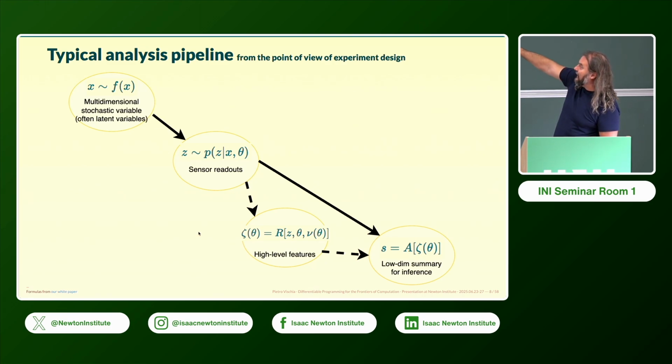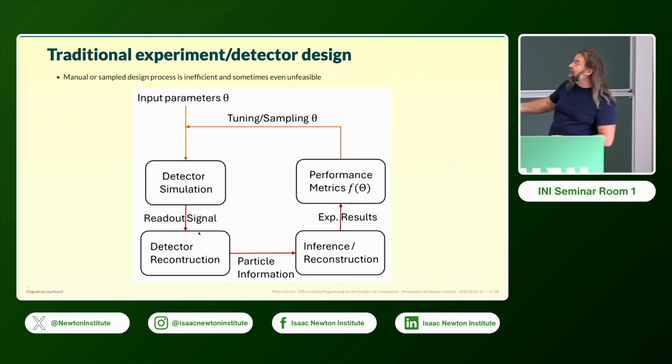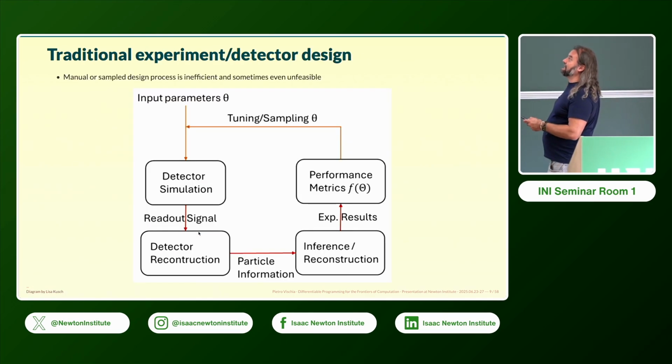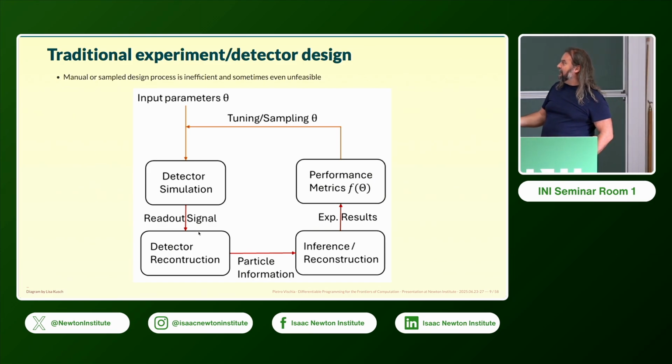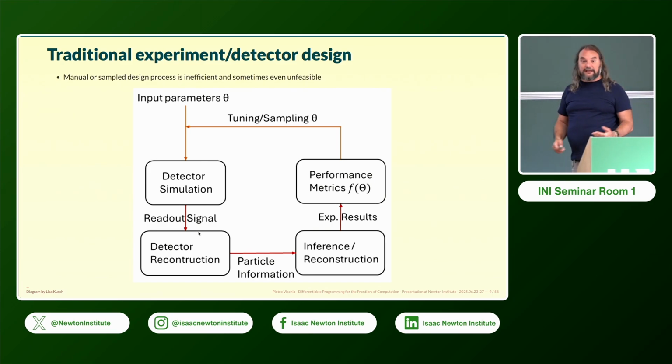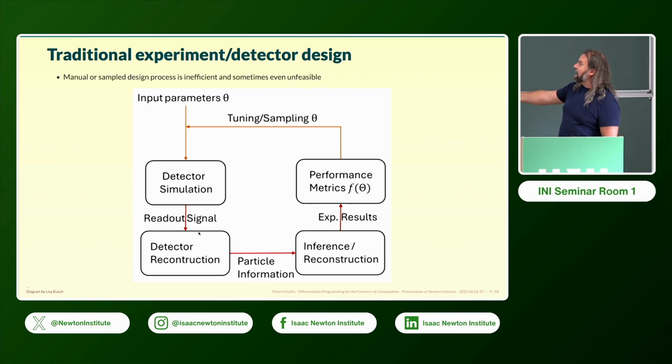And this will depend on the construction parameters of the experiment. So traditionally, what we do is we sample some design parameters. We have this simulation and detector simulation chain, and that's a highly stochastic, non-differentiable mess. Then we do inference, and we can build a performance metric.